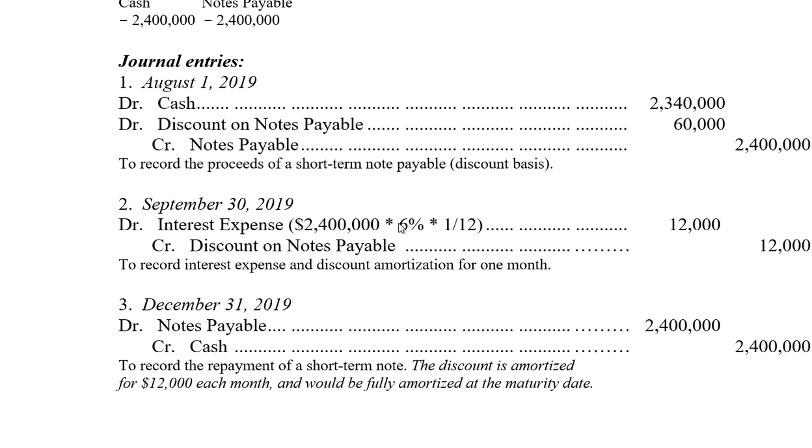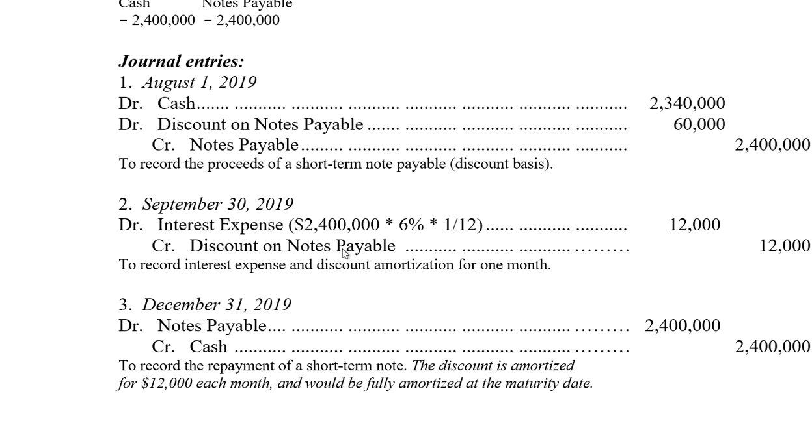So we need to take this and book this as an expense at the end of each month. And when we do that, we want to understand that we are amortizing the discount on notes payable at the end of each month. So we are debiting interest expense, we're crediting that discount on notes payable. You notice discount on notes payable is a debit. Well, when we amortize it, we are crediting it. That means we are decreasing it.